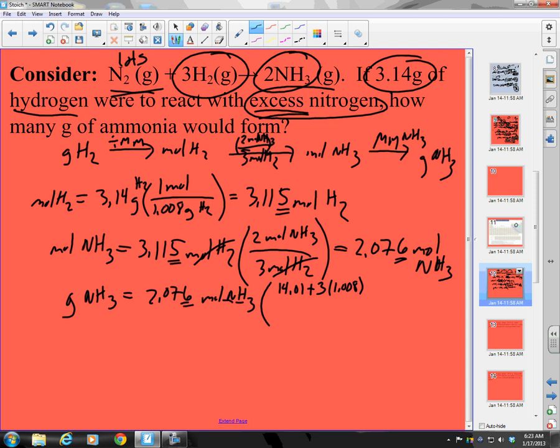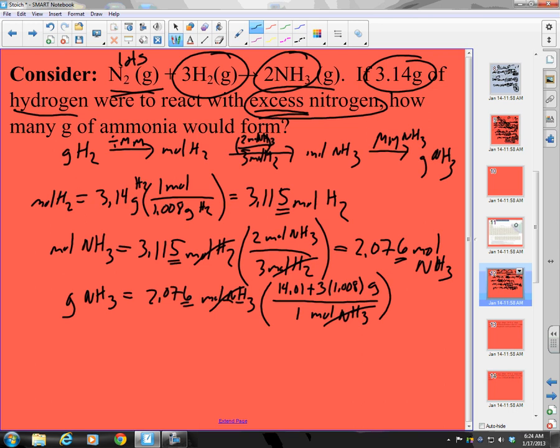That's my molar mass of ammonia in grams per 1 mole of ammonia. Cancel those, and let's do a little multiplication, times quantity 3 times 1.008 plus 14.01. Oops, I bet I didn't do that right.